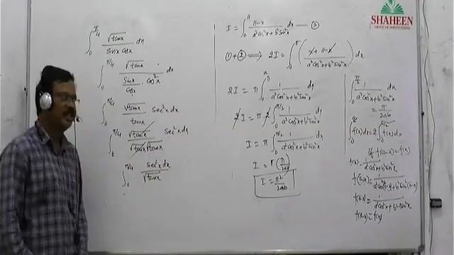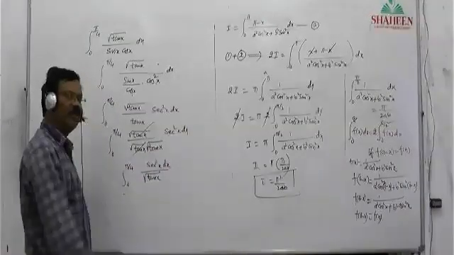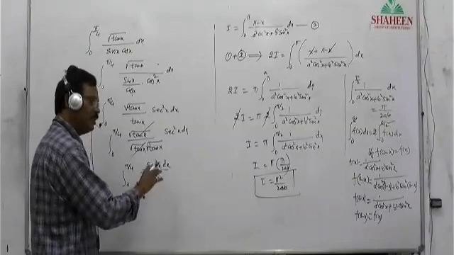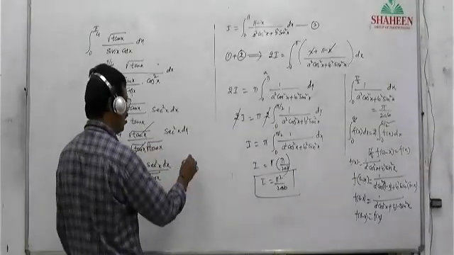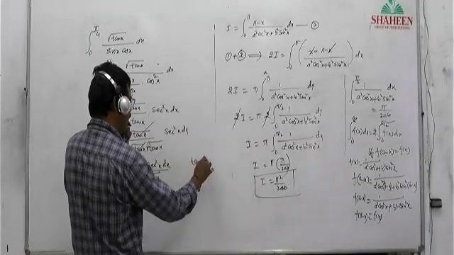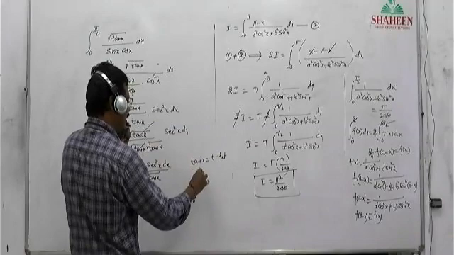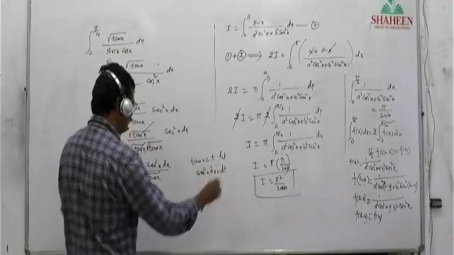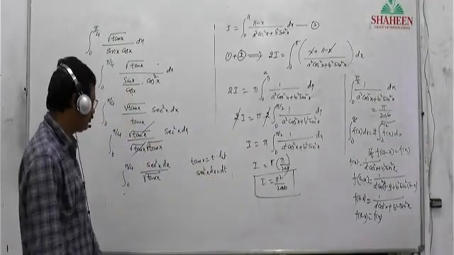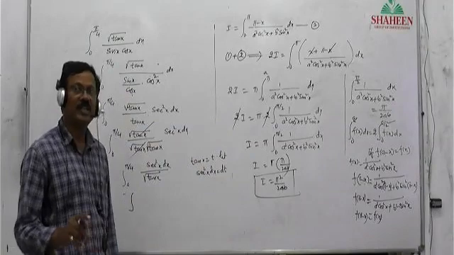Then what is the substitution here? Tan x is equal to t. What is the derivative of tan? Sec square x dx is equal to dt. Is it okay, all of you? Now, in the same way, we have to change the limits.